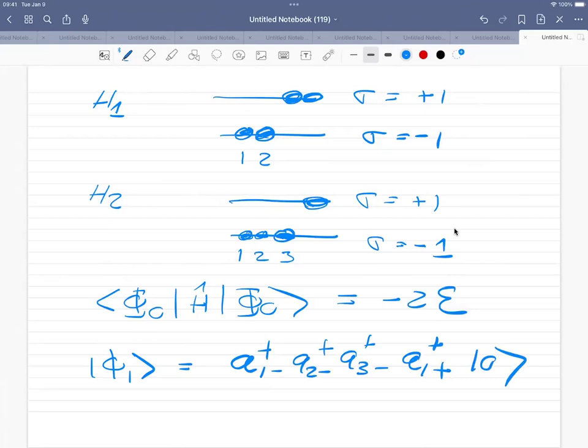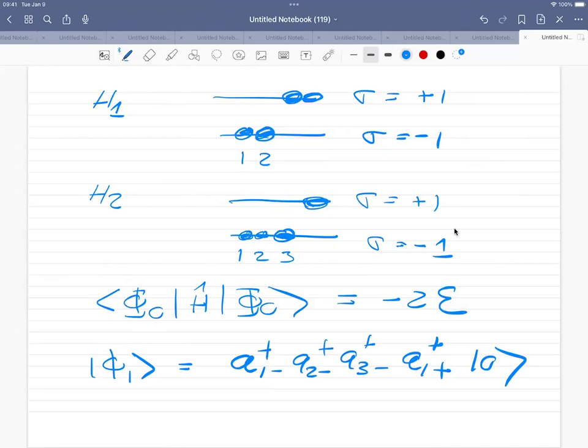This is not what the exercise is asking for, but in that specific case, this operator H2 would give you a contribution. So these are things which we need to discuss when we move on to states beyond this ansatz for the ground state.